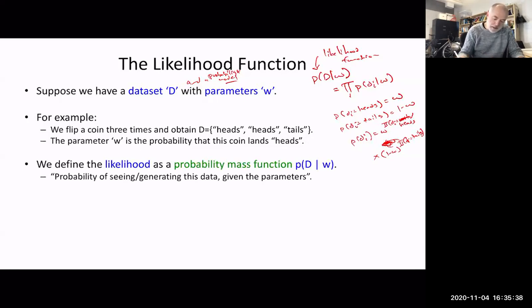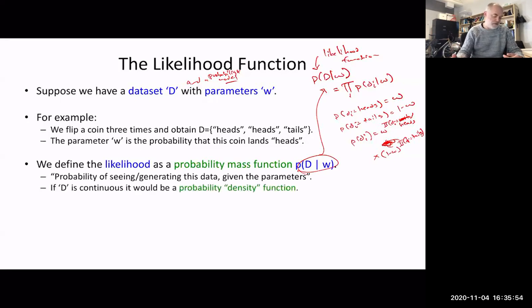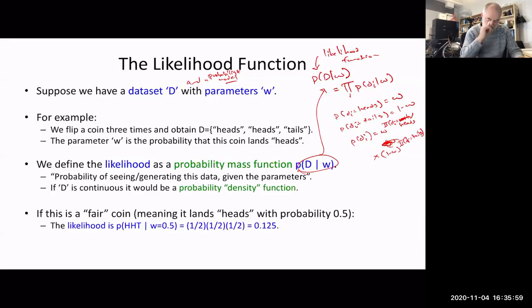So the likelihood, this thing, we define as a probability mass function, right? So the probability of data, whatever it happens to be, given the parameters. If D is continuous, then it's a probability density function.